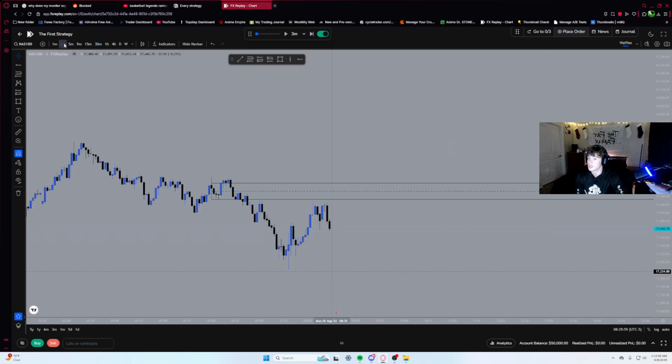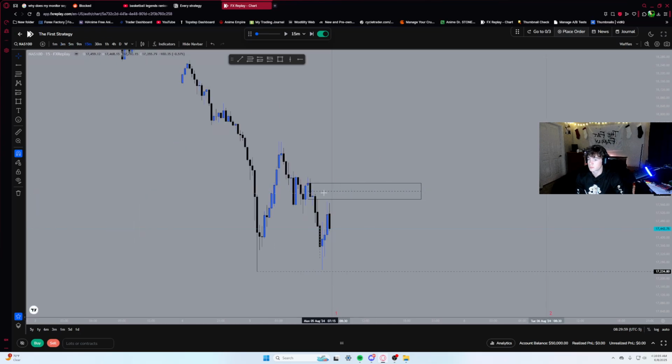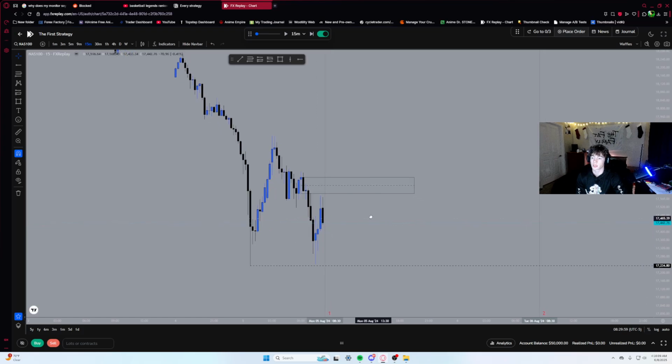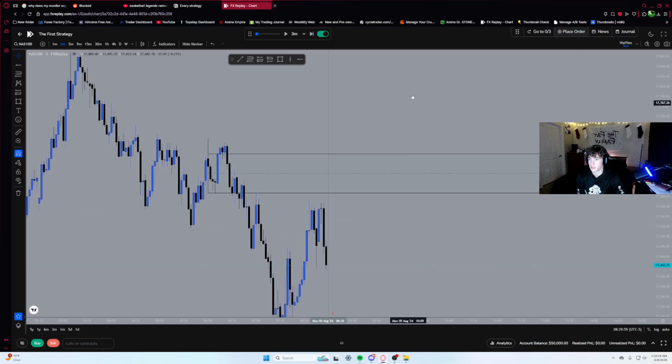So, if I see a reaction off of this area, this 15-minute order block, or low probability order block, I will end up trading it. There's also OTE inside of it, so that'll be good. Let's get into it. I'm already getting bored. Here we go.